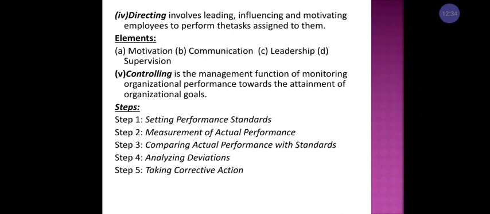These are the 5 functions of management, and you can write it as the conclusion. All these 5 functions are very important to the organization. They help to achieve the predetermined goal, or organizational goals.